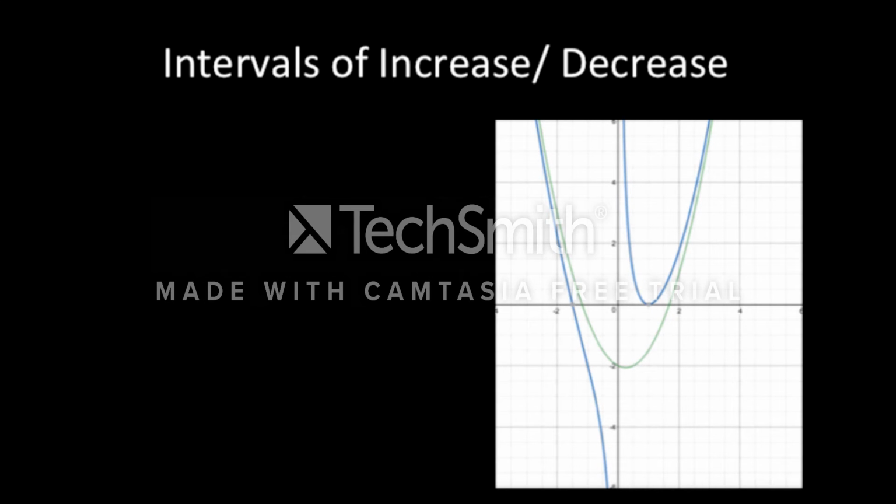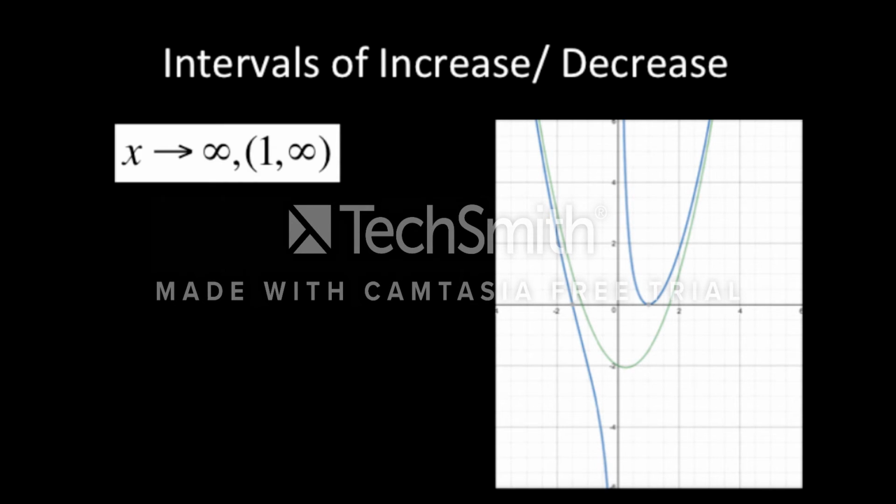So what is being asked when it says the intervals of increase or decrease is where on the graph is the line going downward, or where is it negative, and where on the graph is the line positive, or where is it going upwards. For example, on this graph, if we look at the blue line, it is positive, so x is increasing between 1 and infinity.